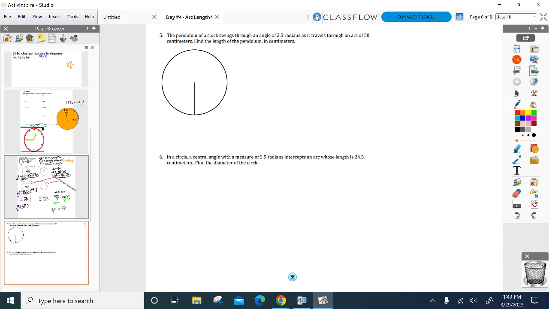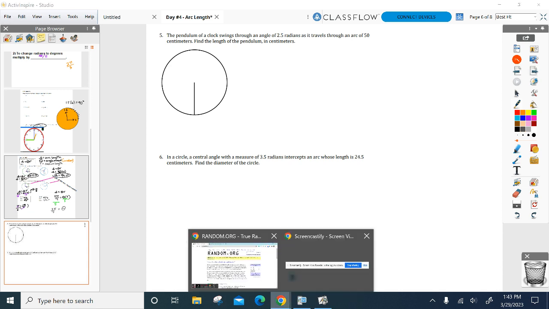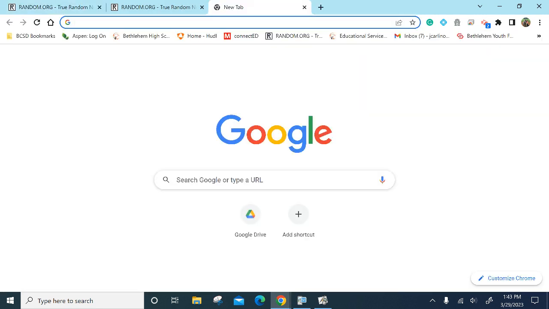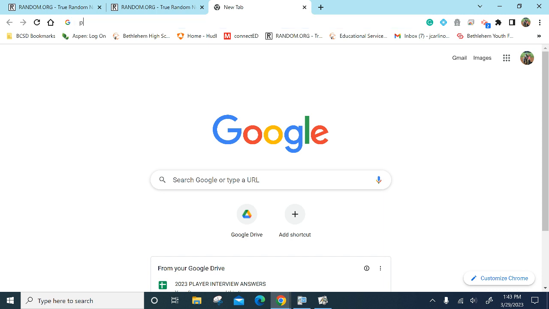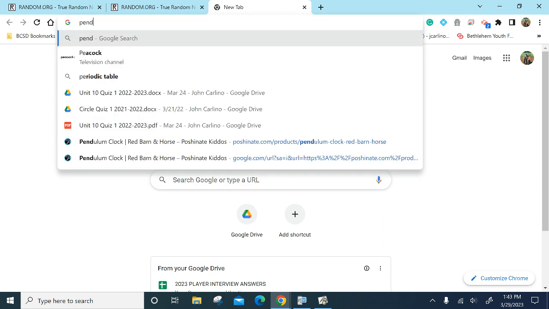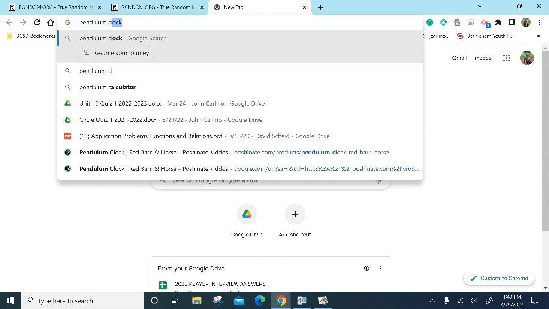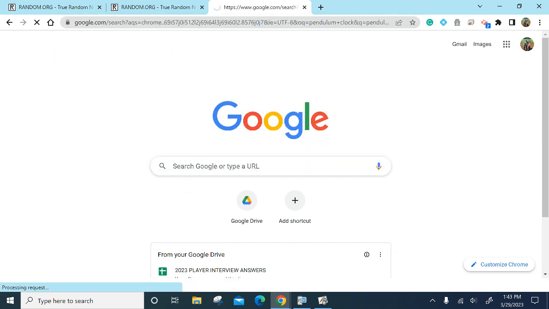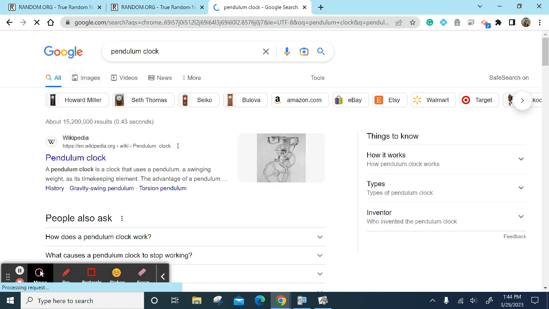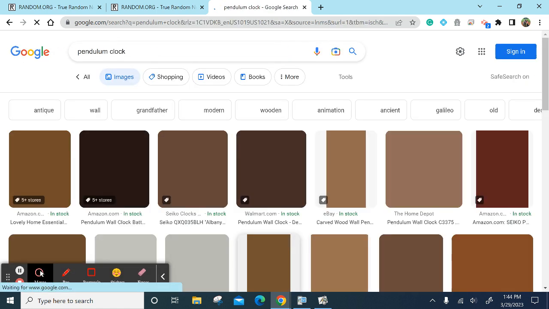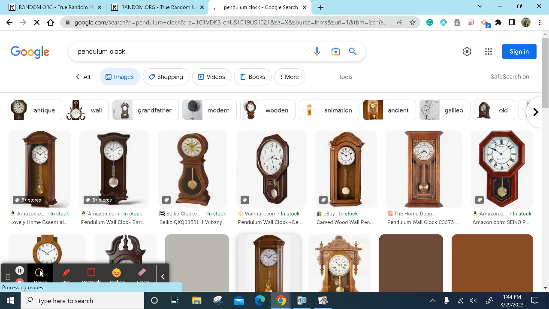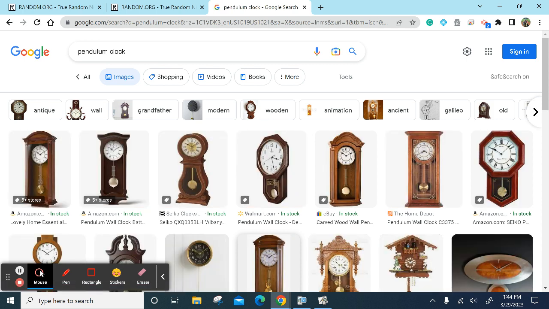Pendulum swings from the clock back and forth. Good? We all good here, everybody?